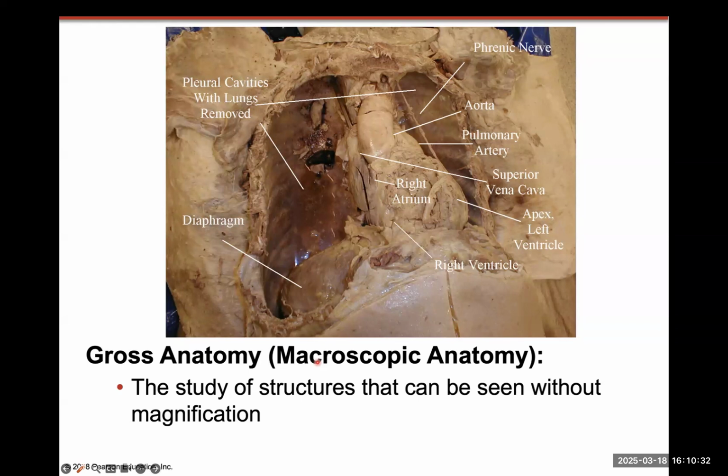So here, the word gross refers to what you can see with the naked eye, something that you can dissect, something that you can hold, something that you can see. So that's basically the big picture. This is why that's called macroscopic. Macro means big, and then small is microscopic. We will be doing dissections during the semester as well, and we'll be discovering really cool things.